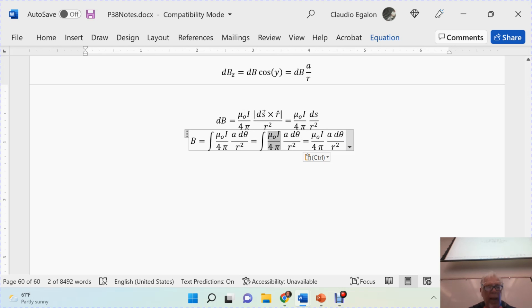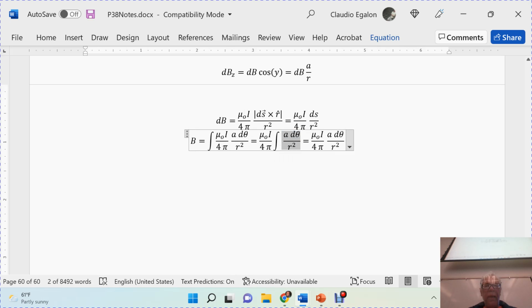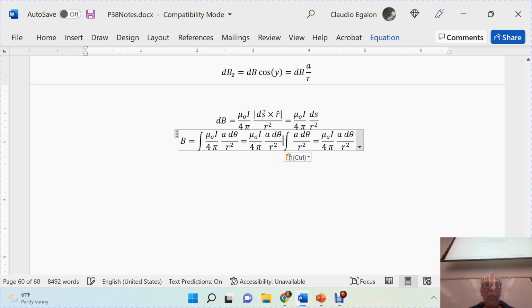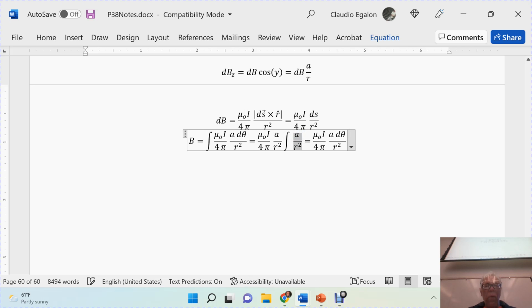Mu naught I over 4 pi, because theta is independent of r, you don't have to integrate it. We end up only with the theta inside the integral.